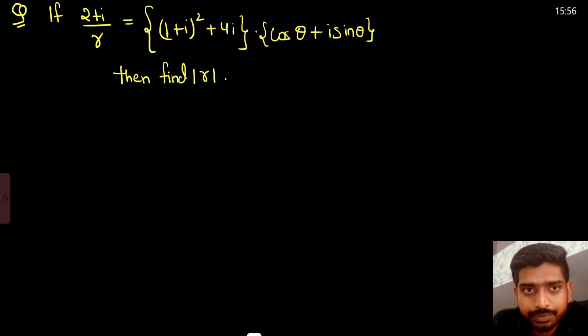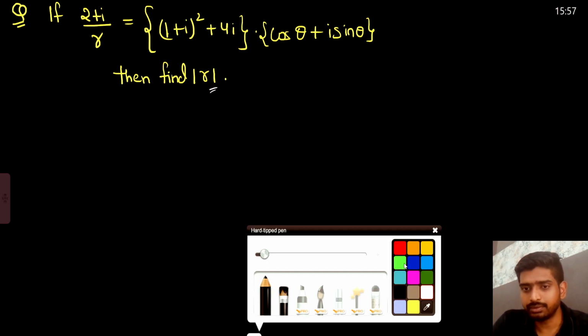Now next they have given this statement: 2 plus iota upon r is equal to, in brackets, they gave one complex number, 1 plus iota square plus 4 iota, multiplied by cos theta plus iota sin theta. They are asking the modulus of r. So here we'll start. First we'll take modulus on both sides.